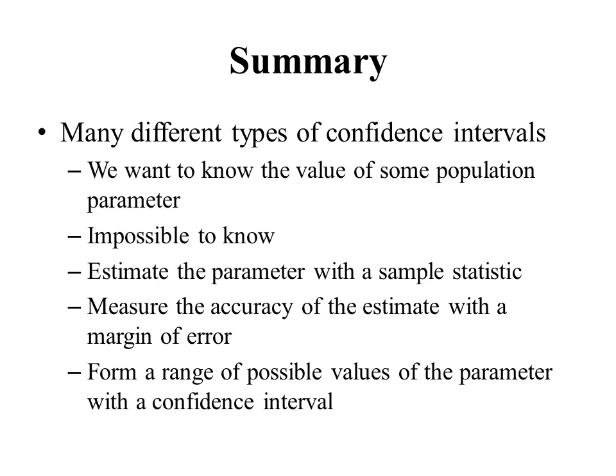So whenever you see a confidence interval in a journal article, just remember this is what we're doing. We want to know the value of some population parameter, but that's impossible. So we estimate it with sample statistics, we measure its accuracy, and then we form a confidence interval, which gives us a range of possible values for the parameter.